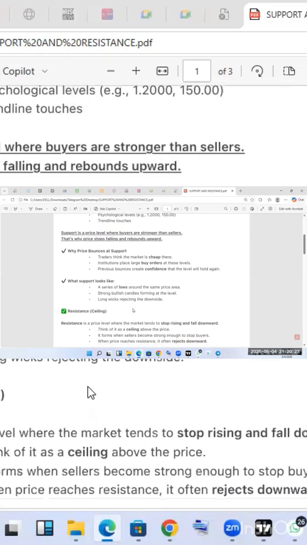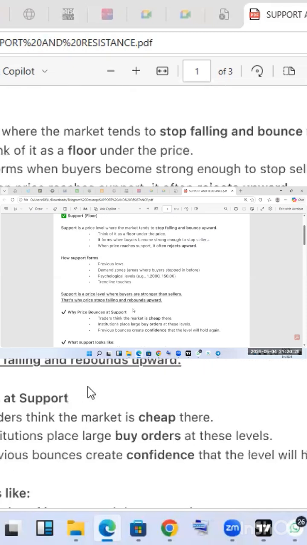So how does support form? Previous low, demand zone, area where buyers stepped in before. Psychological levels, e.g. 1000 and 1050. So these are areas where we can find support.